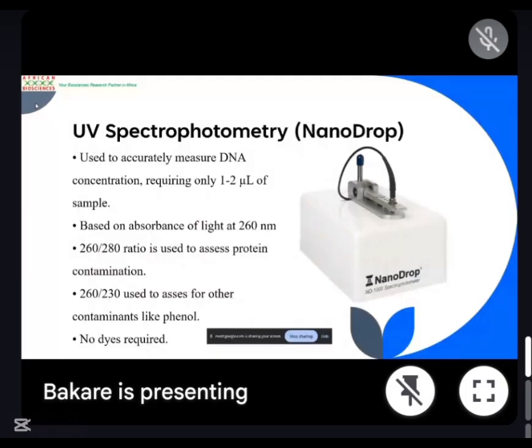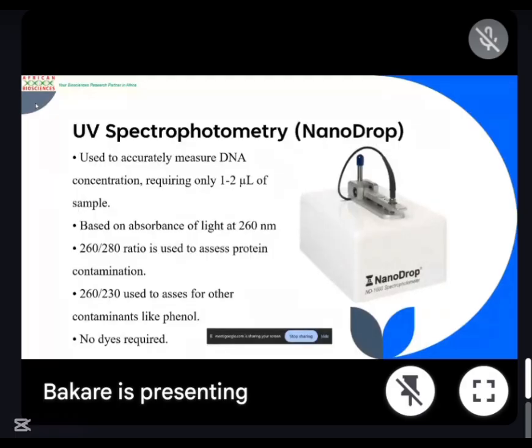So we have the 260/280 and also the 260/230. Nucleic acids, DNA and RNA, absorb maximally at 260 nm because of the aromatic bases. But proteins, salts, phenols, and other contaminants absorb UV light at different wavelengths.